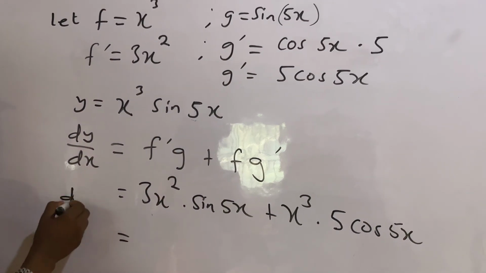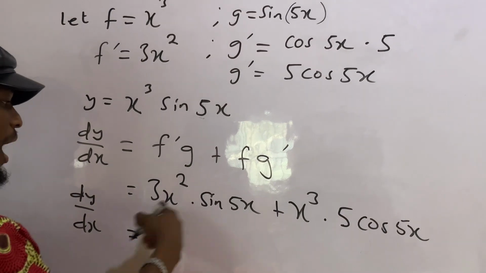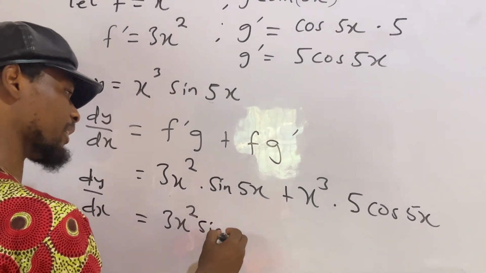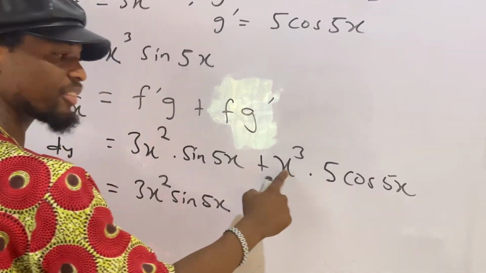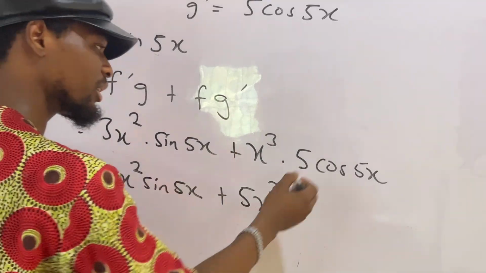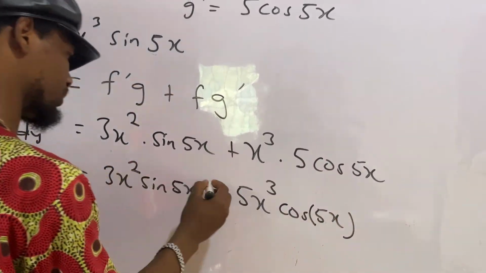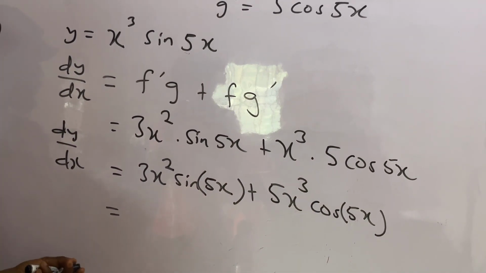So we have dy/dx equal to 3x squared times sine 5x, plus 5 times x cubed, which is 5x cubed, then cos 5x. As simple as that. You can decide to factorize.